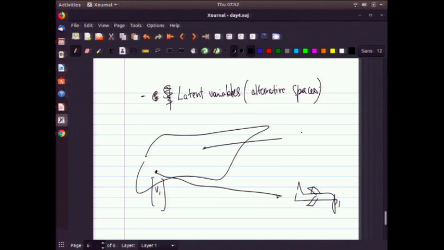I have another airplane, okay, some stealth plane, and this may be a vector v2, that's v2, okay?